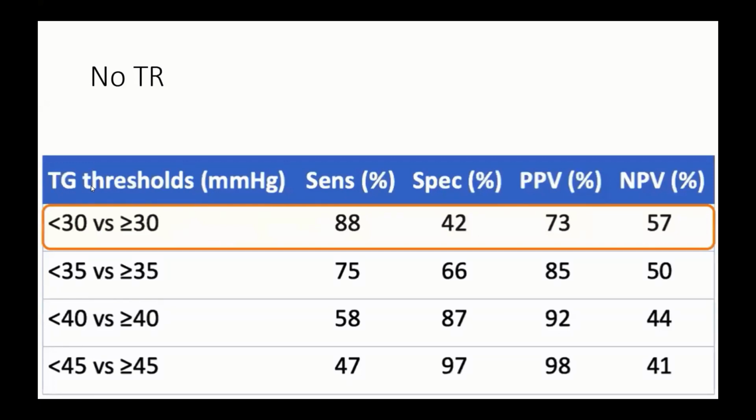Because all of those folks had routine right heart caths. So even if the TR jet is non-existent or very low, in someone who has a very high risk of having pulmonary hypertension, you won't be able to rule out pulmonary hypertension.